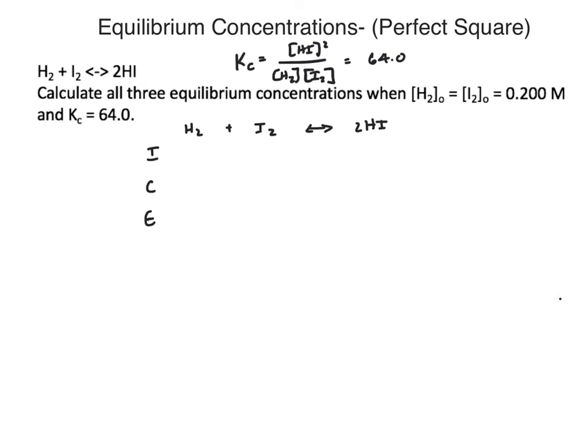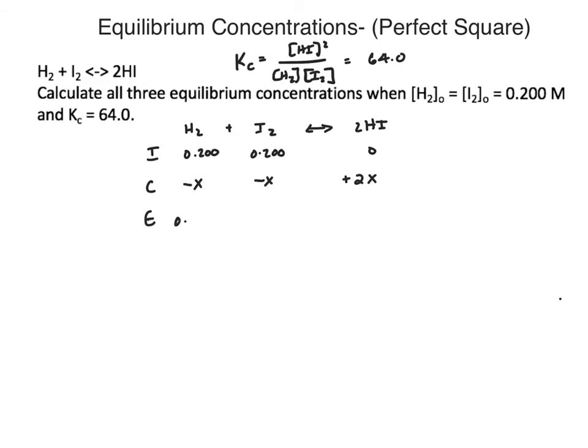So we have our ICE table here, and now what we're going to do, guys, is plug in our initial concentrations, calculate our change, and our equilibrium values to plug into our equilibrium expression. Okay, so much like we've done in the past, we've plugged in our initial concentrations. We're now going to establish the change associated with each of our reactants and products, and this should be familiar at this point.